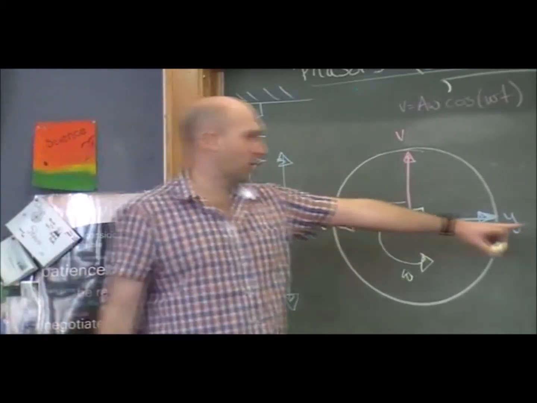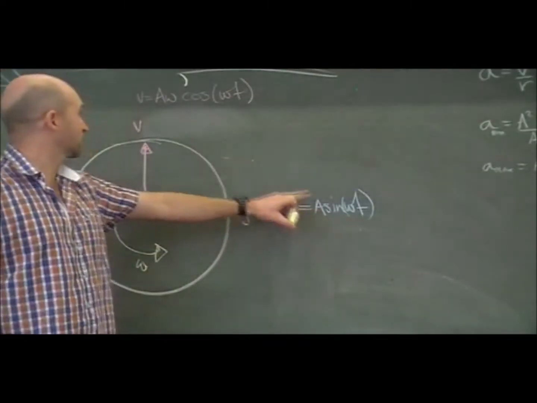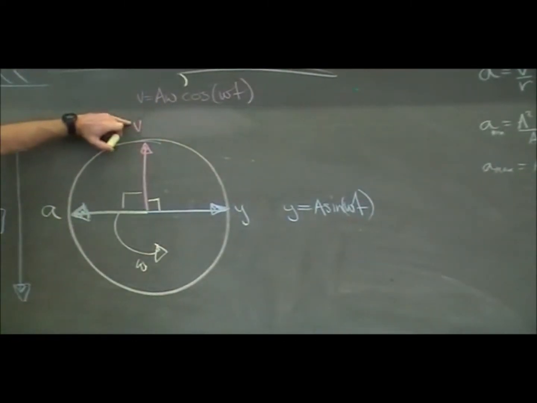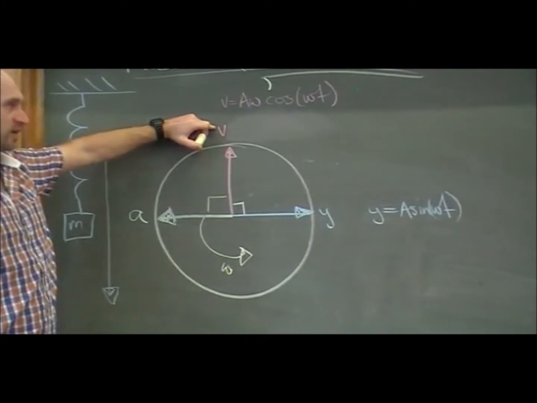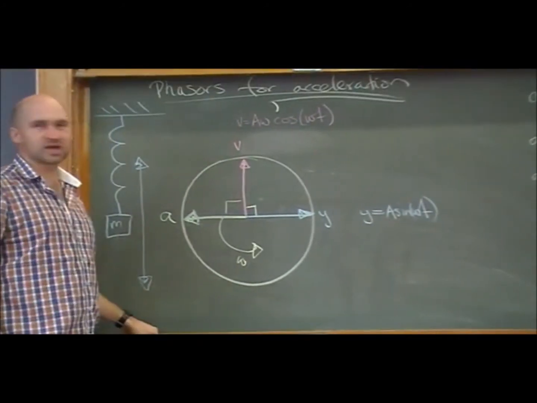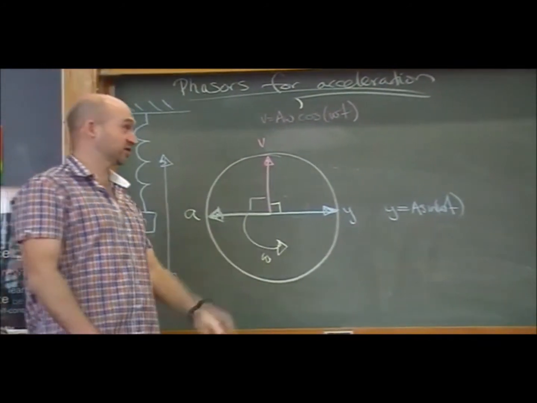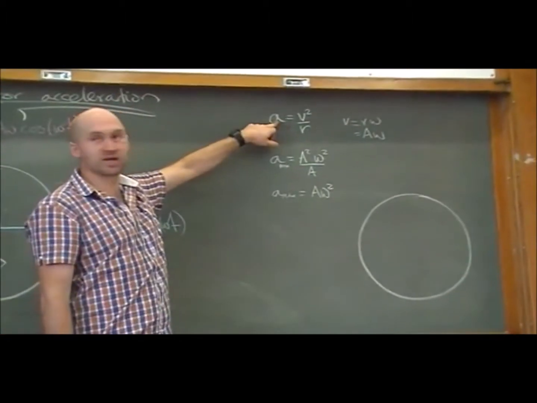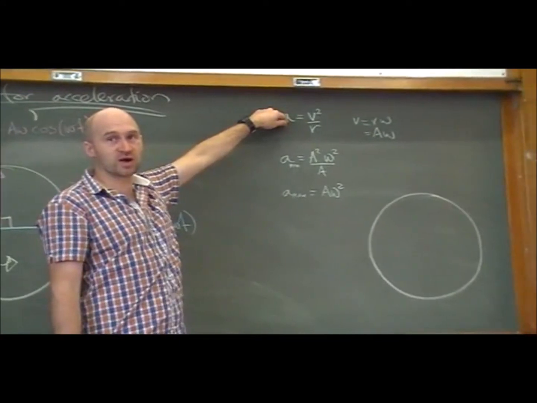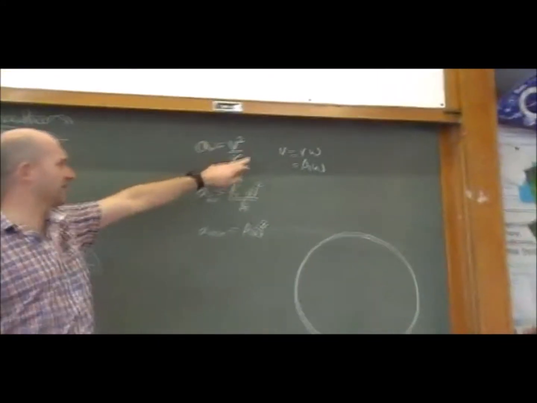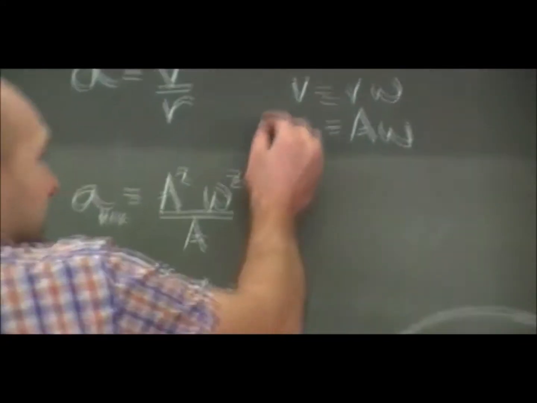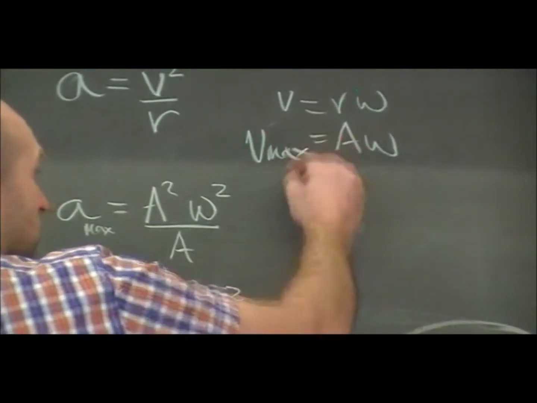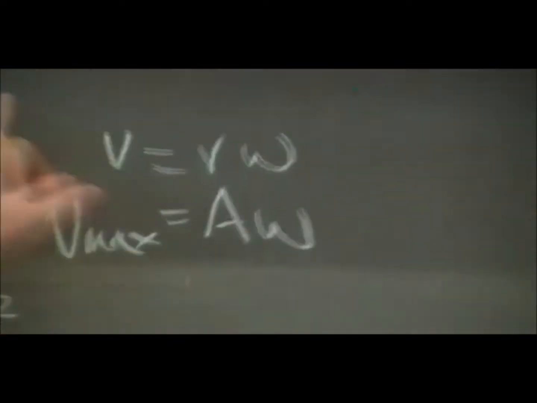So we know that y is a sin omega t, and we know that v is a omega cos omega t. And we're going to have a think about how much the acceleration is. Check this out. Back over here, circular motion, we know that a is v squared over r, and our v max was a omega. Let's put that in for v.